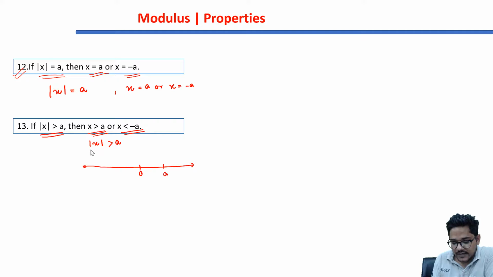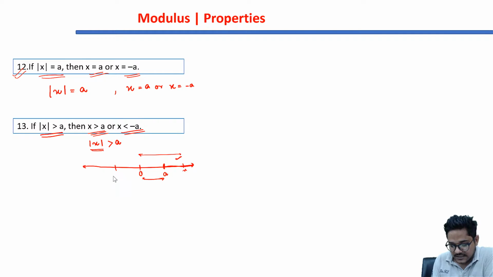What is modulus of x? It is the distance of the point x from 0. So x must be in this region, a to infinity. Then only the distance of x from 0 would be greater than this distance. Similarly, we can take this concept on the left hand side.